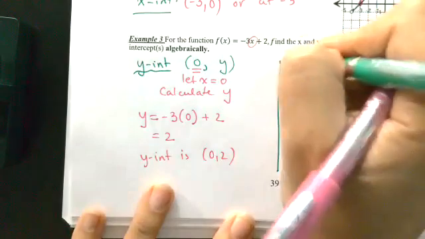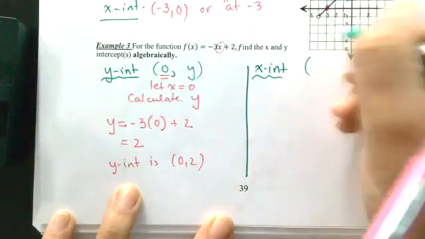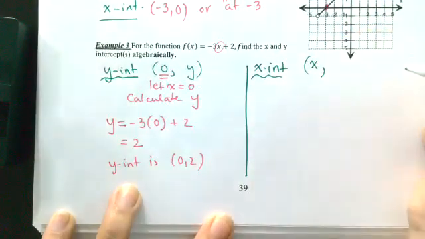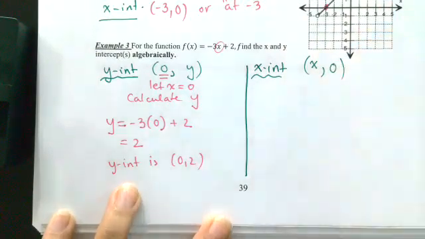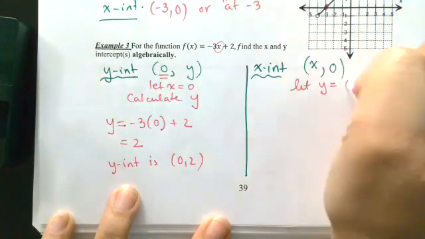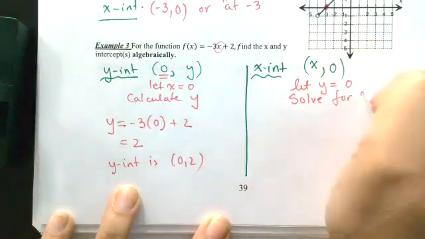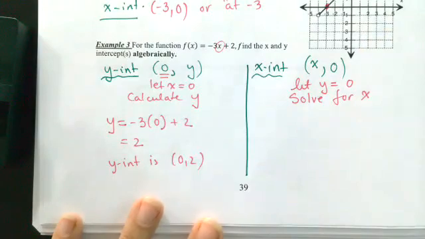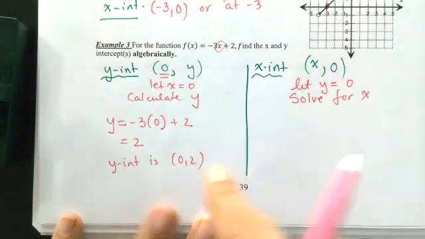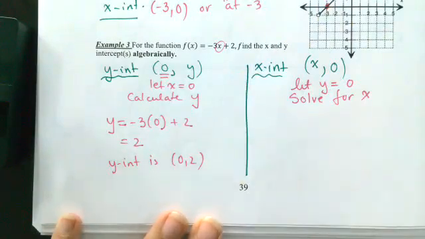Now for the x-intercepts, remember that the points that are x-intercepts have an x number there, and then the y has to equal 0. What I say to myself is I'm going to let y equal to 0 and solve for x. When you're calculating x-intercepts, you're not just calculating everything on the right-hand side of the equal sign, you're actually going to end up with an equation.